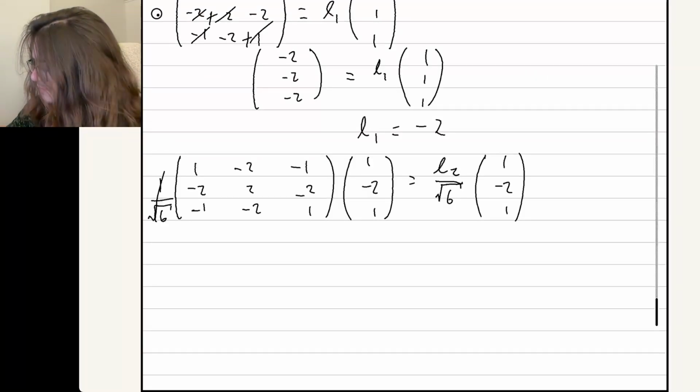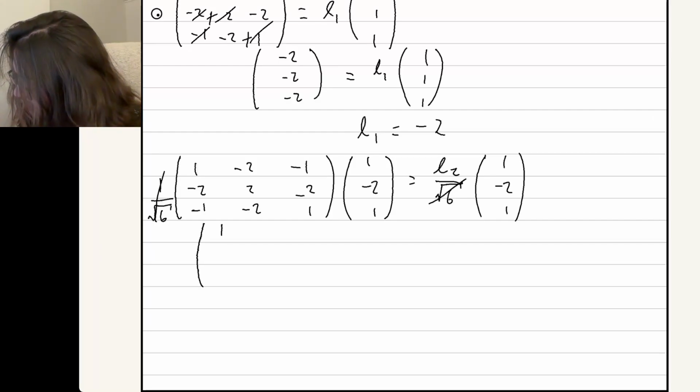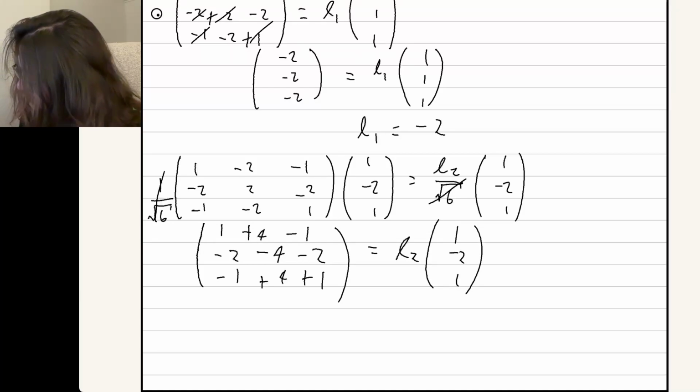The normalization goes away again, and when you multiply this matrix, you get 1 plus 4 minus 1, and then minus 2 minus 4 minus 2, and then minus 1 plus 4 plus 1. Neat. On the right-hand side, it's L2 times 1, minus 2, 1.